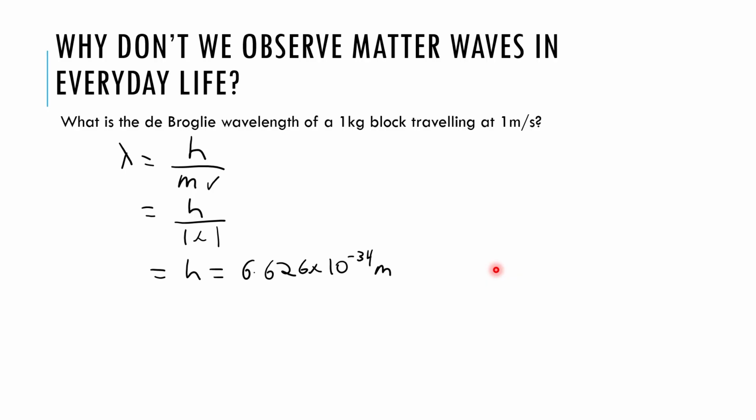As such, observing this kind of wavelength in any meaningful way is near impossible, and certainly is not observable at our regular everyday macro scale. As such, it's no surprise that we find it completely bizarre that matter would behave in such a way like a wave. Yet our experimental evidence concludes beyond all doubt that it can and does, and is particularly pertinent when exploring physics at the atomic and subatomic levels.